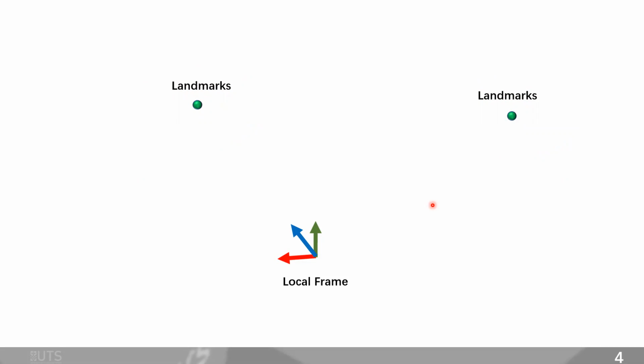But if the local frame is not 100% precise and it has some noise, the observations of landmarks cannot make any contribution in determination of the local frame, because their locations are all based on the local frame.